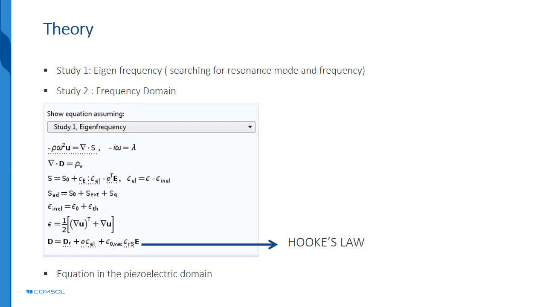Once we specify the mode and the resonance frequency, we choose the frequency region where we need to use a frequency domain study, and we put the initial frequency and the final frequency so that our mode is localized in that frequency region.